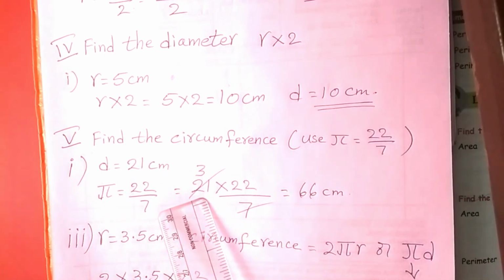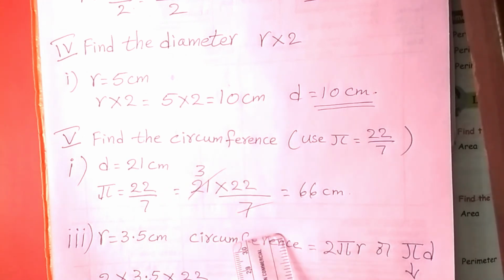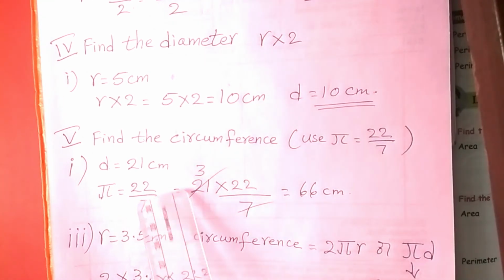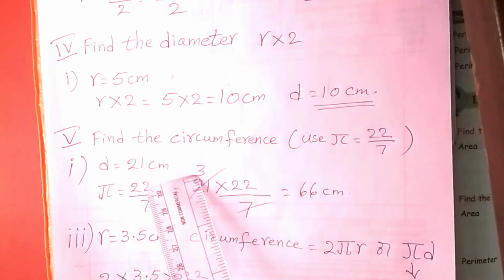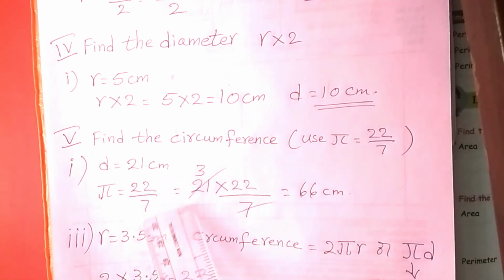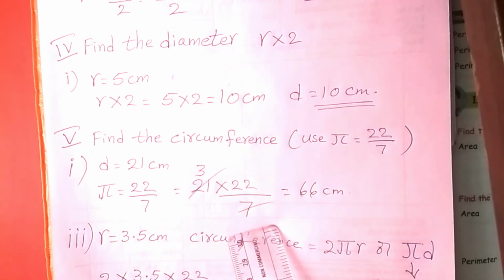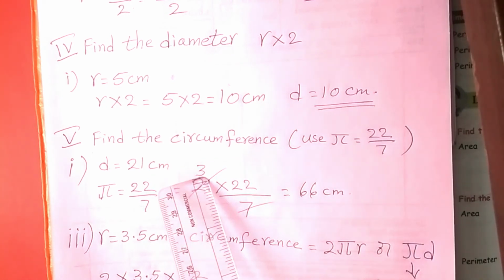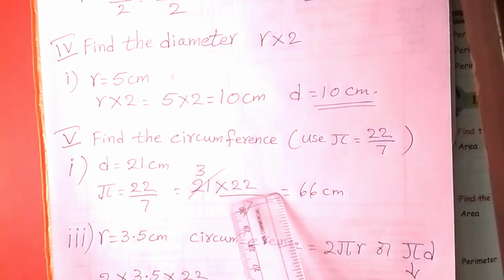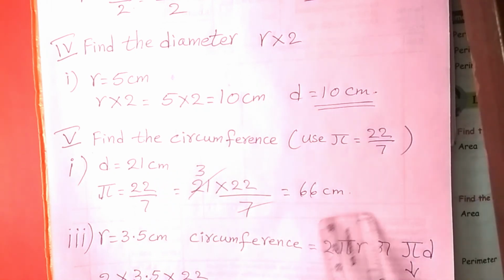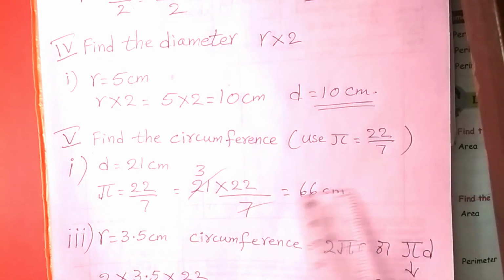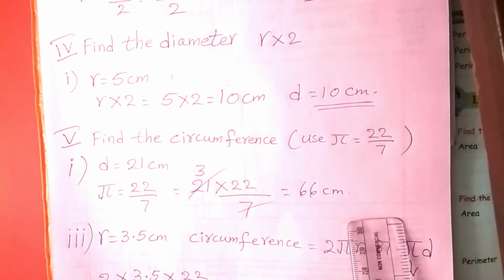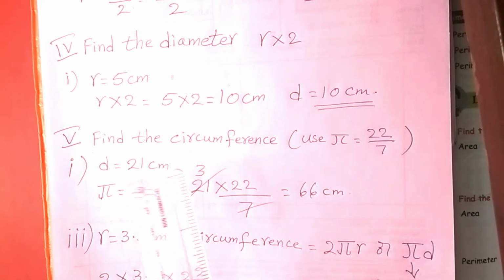Now 21 into 22/7. In the 3 table, 3 7s are 21. So cancel this 21 and 7. Now 3 remains. 3 into 22 is equal to 66 centimeters. So the circumference is 66 centimeters for the diameter 21 centimeters.